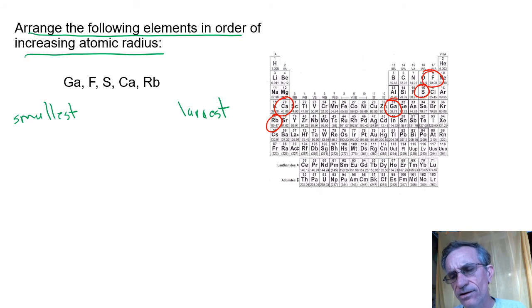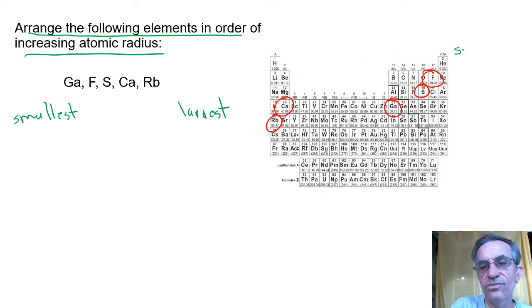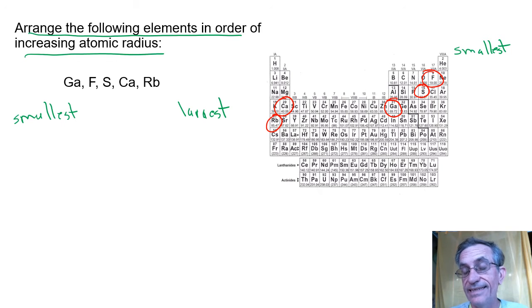Now, what was the pattern for atomic radius? Well, one way I explain it to you is let's focus in on this top corner. This top corner, this is where you find the smallest atoms. So as we go over to the left and down, you're getting bigger and bigger and bigger.